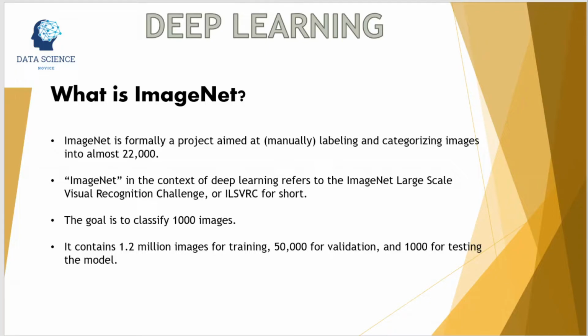The goal of this image classification challenge is to train models that can correctly classify an input into 1000 separate object categories. Here models are trained on 1.2 million training images with another 50,000 images for validation, and finally we have 100,000 images for testing.